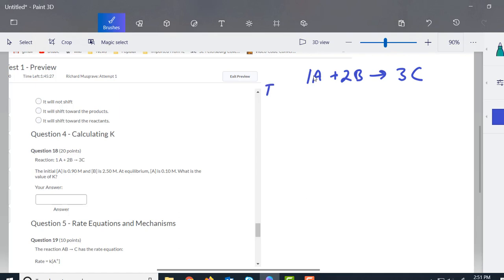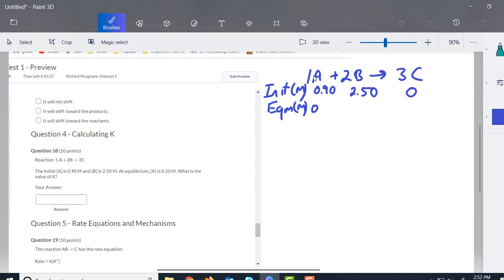Now over here we'll have the initial, and down here we'll have the equilibrium concentration. Now the initial concentration of A, we're told, is 0.90. The initial concentration of B is 2.50. And the initial concentration of C is 0.